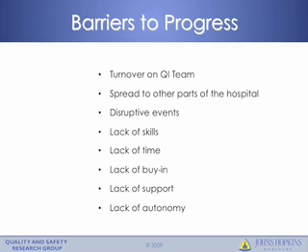There may be a lack of buy-in among the people on the unit. They don't quite believe that this is necessary. You may be facing a lack of support from your organization or a lack of sufficient autonomy to get things done. So all of these are measured on the Team CheckUp tool.